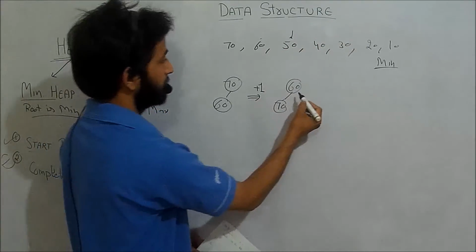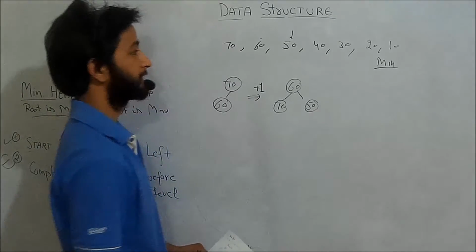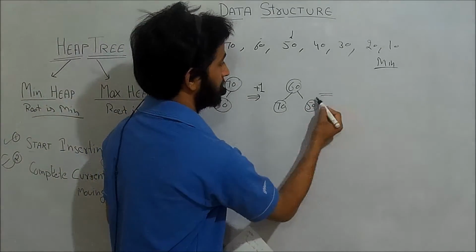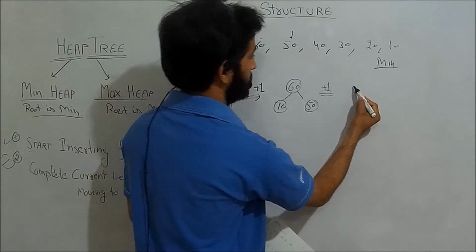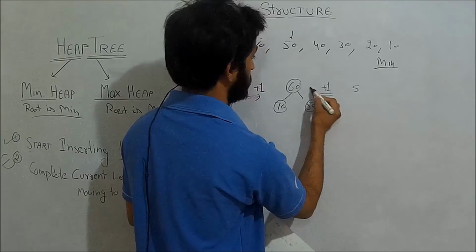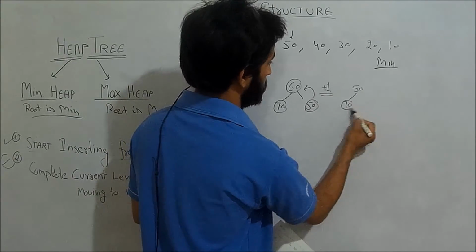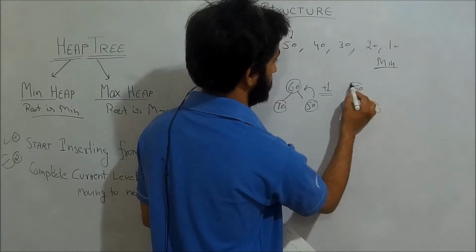50 will be inserted at this position, but when I check the condition for the min heap, I have to perform the interchange here. So after interchanging, 50 will go here, 70, then 60.